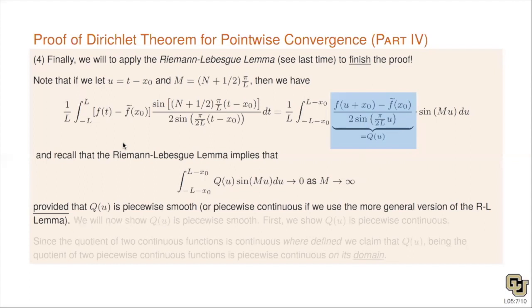The final detail is to show you that q of u is piecewise smooth. Then the Riemann-Lebesgue lemma kicks in, and we have pointwise convergence. And moving forward, we get this result for free.